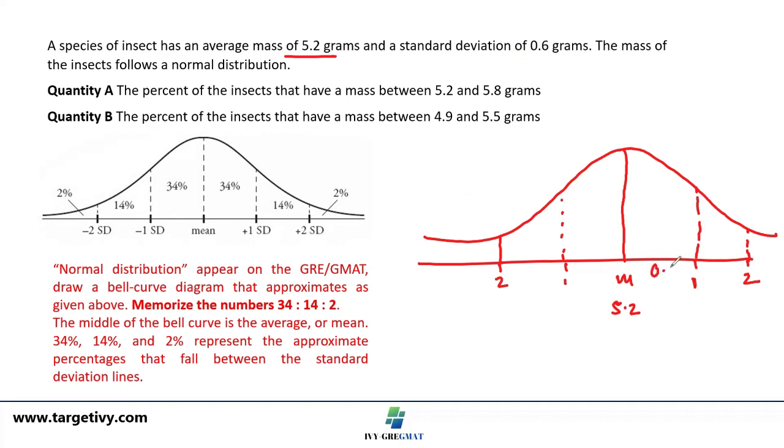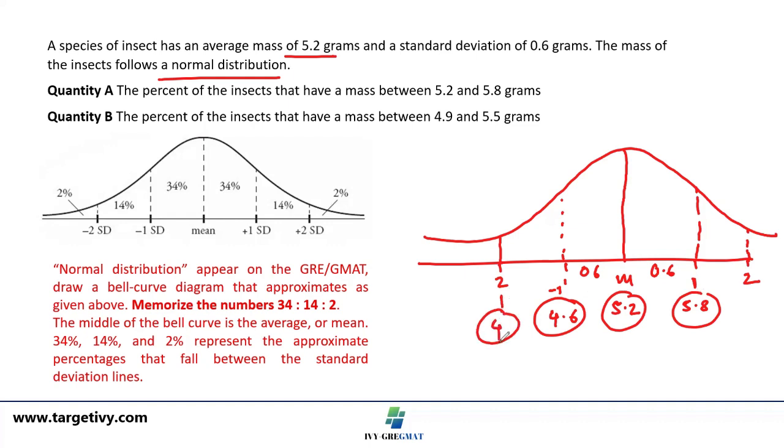Then this becomes 5.8 and this becomes -1, so this becomes 4.6. Then this becomes 4 and this will become 6.4. This is the typical distribution.